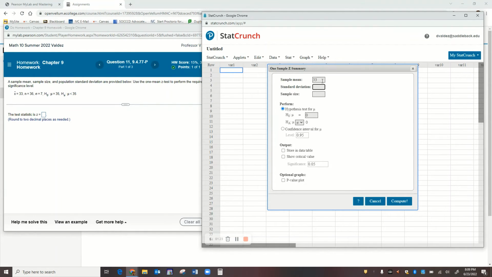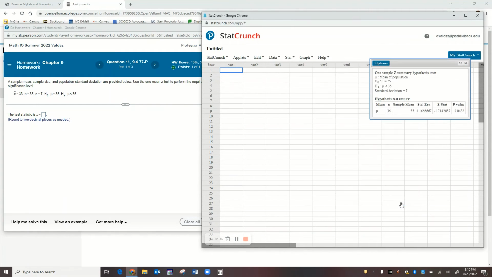Standard deviation, 7. Sample size, 36. And perform a hypothesis test for mu. So leave it selected here. Mu is equal to, this needs to be 35. And then the alternative, drop down and select less than 35. Okay. And then just click Compute.